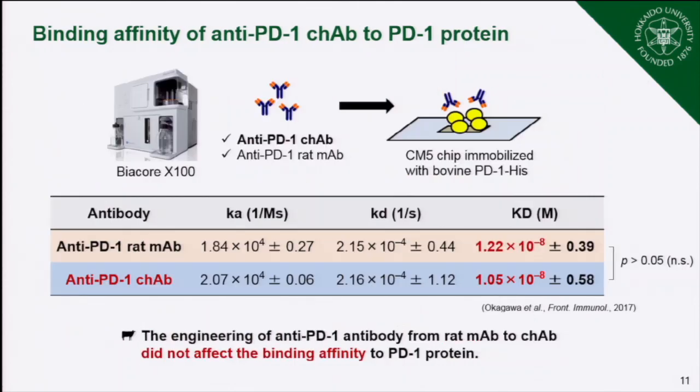And as a double-check experiment, we also performed Octet analysis using a biosensor tip immobilized with bovine PD-1 soluble protein. In the table, you can see no difference in the KD value, which shows the affinity of the antibody to the protein. In other words, engineering the anti-PD-1 antibody from rat to chimeric type did not affect the binding affinity to PD-1 protein.